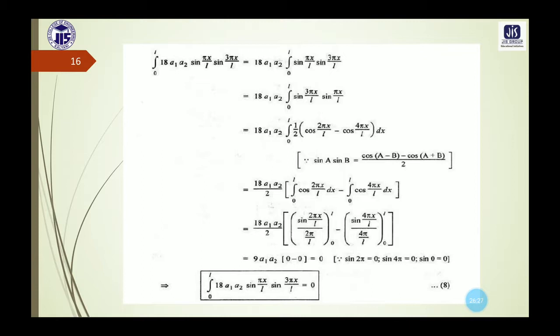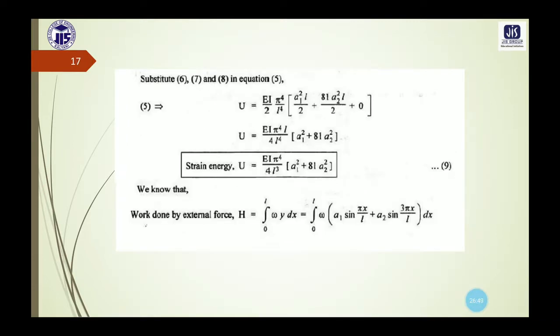There we need to use this formula, that is sin a sin b equals cos a minus b minus cos a plus b divided by 2. So this formula we had to use here, and after several steps we have found the value of this integration, that is actually 0.